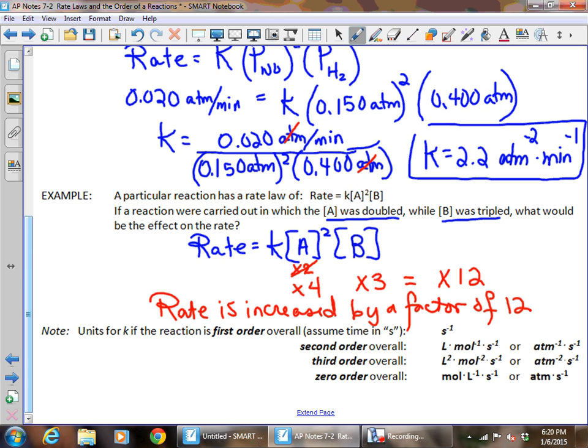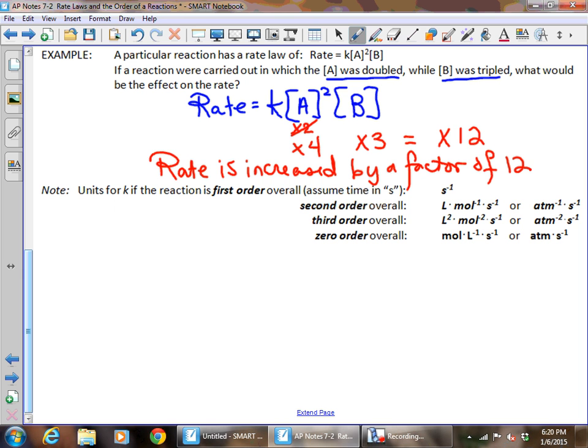Now, I'm going to mention this shortcut on the units. And guys, some of this is not going to make a whole lot of sense, or you're not going to internalize it very well until you practice it. But when we have units for k, it depends on what the overall order of the reaction is.